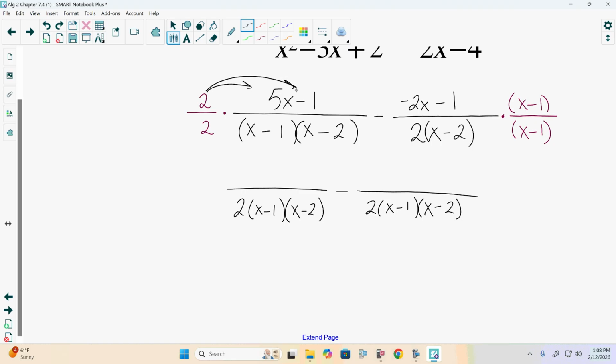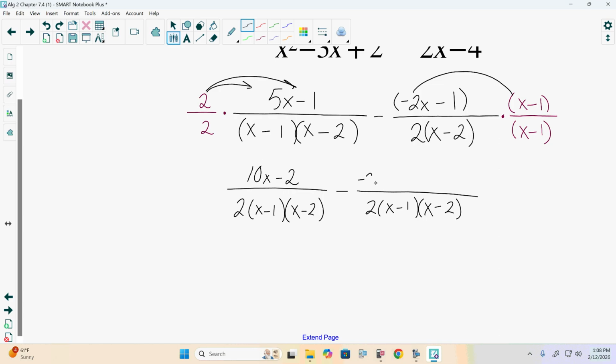So we'll multiply through the top. 2 times 5x is 10x. 2 times negative 1 is, well, negative 2. Now, even though they weren't written on the second numerator, we can still think of the parentheses being there, which means we still have to distribute.